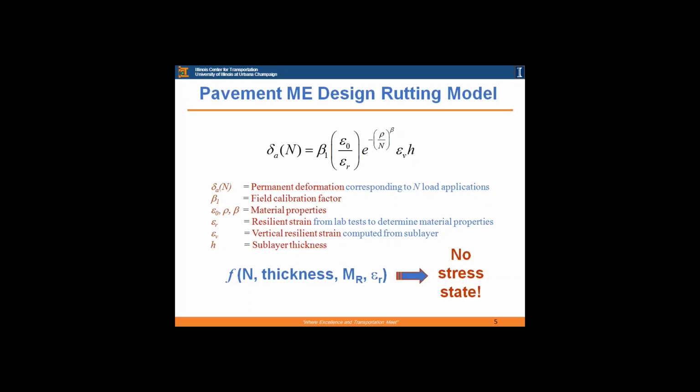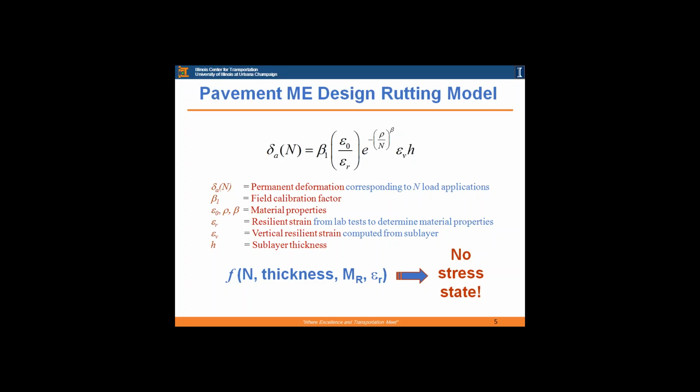If you look at what this model is a function of, you will see no stress states. But it is well known that stress state is one of the main factors affecting the rutting of unbound aggregate materials.